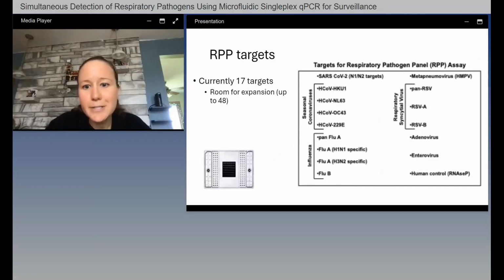The targets are very similar to the Carmen. There's 17 of them with room for expansion up to 48. We have SARS-CoV-2 as well as seasonal coronaviruses and influenza A and B viruses. Human metapneumovirus, RSV, so pan-RSV, and then A and B specific targets, as well as adenovirus, enterovirus, and human control RNase-P.